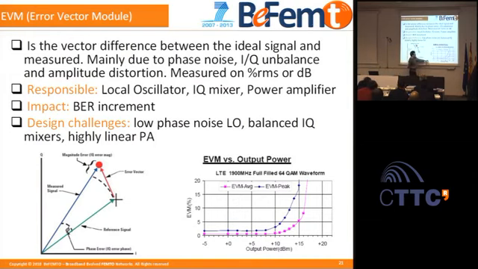For example, you can see here a typical high power amplifier for LTE with 64 QAM, and this is the output power. If the amplifier works here at this power, there is no problem, because the maximum allowed in LTE is 80%, more or less, if I remember well.